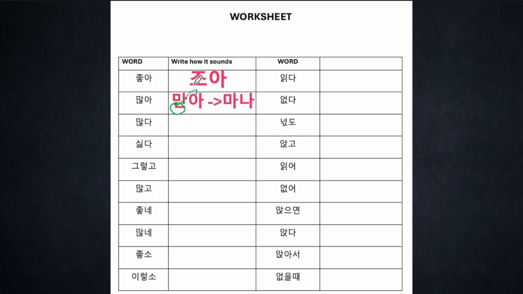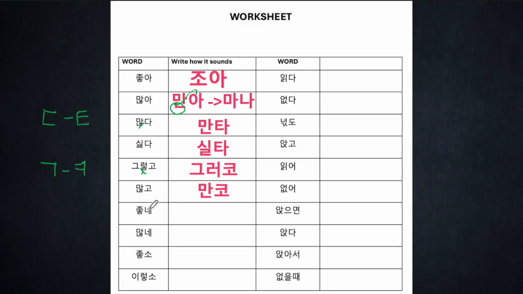Okay, the next one you drop h, and the next consonant changes to what? So how would you say this? 많다. The next one, same thing. 싫다. The next one, h drops and 그 changes to 그. So how would you say this? 그렇고. Next, 많고.